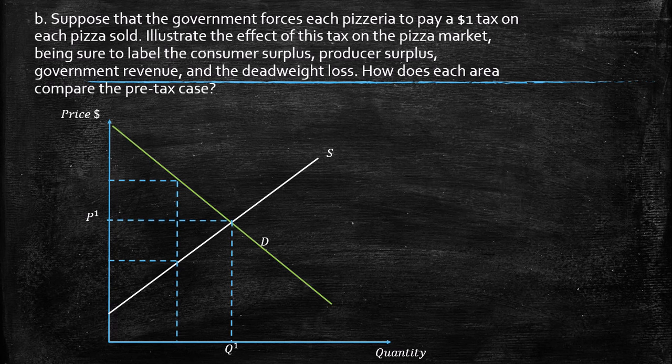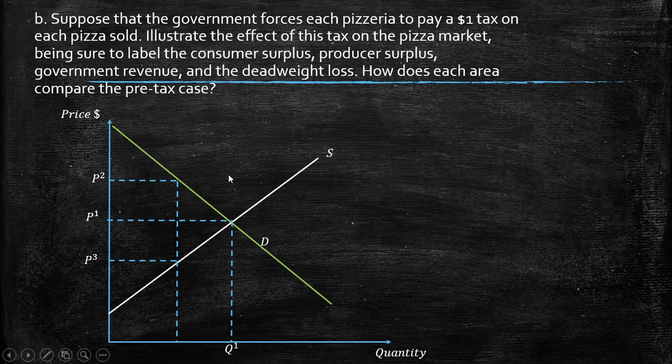It will be the same if they force the consumers, because remember that when there's a tax in the market, the tax is going to be split between the participants, in this case the pizzerias and the consumers of pizza. So here we see how the supply curve shifts to the left, up to this point. Remember, this distance is 1.